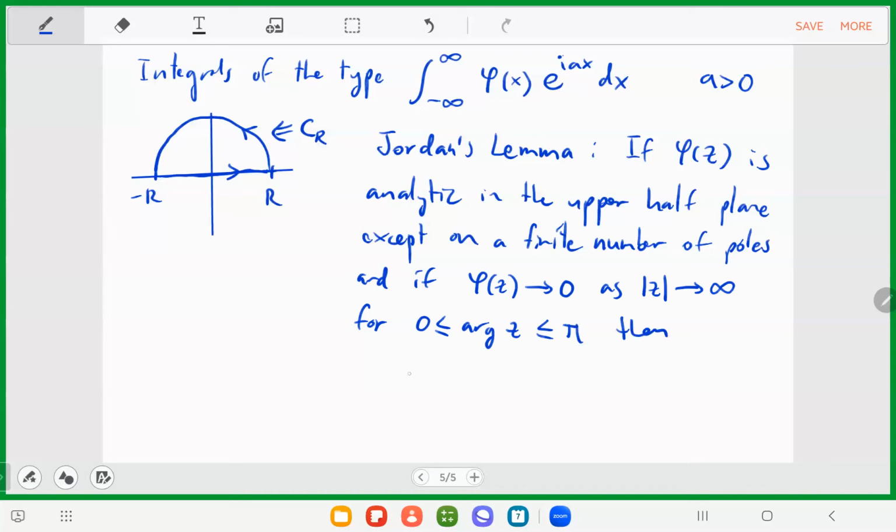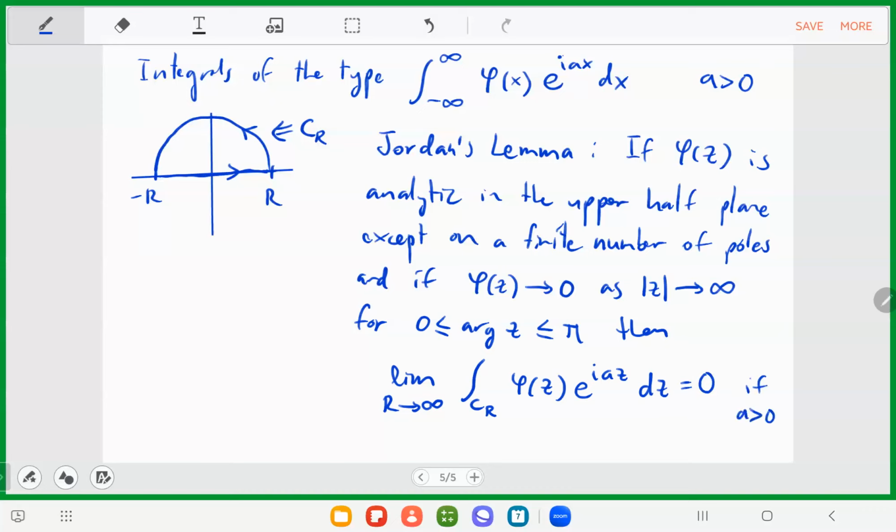then the limit, for the size of the semicircle going to infinity, of the line integral only around the semicircular part, not the closed contour, but only the semicircle on the upper half plane, of the function of the complex variable along that semicircle times the complex exponential with the complex variable also, is going to be 0 if a is positive.